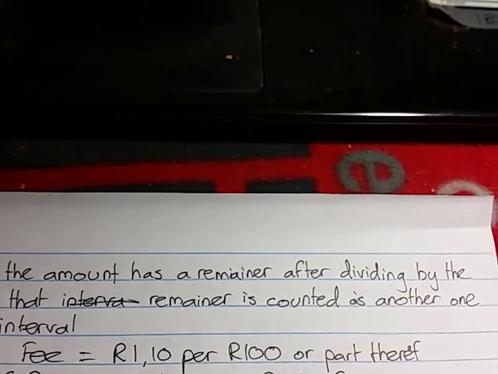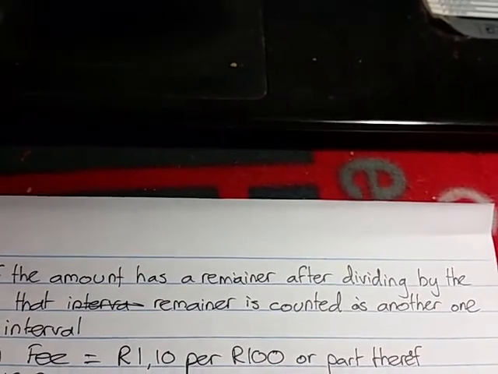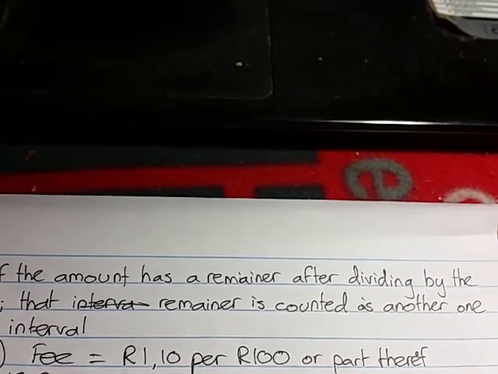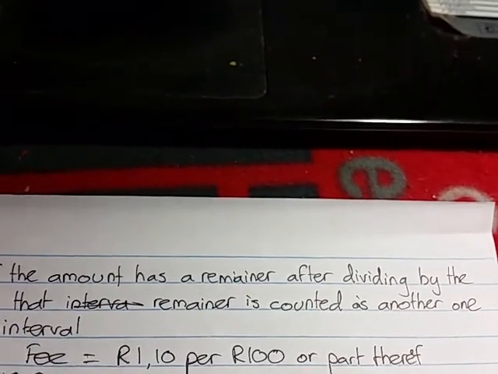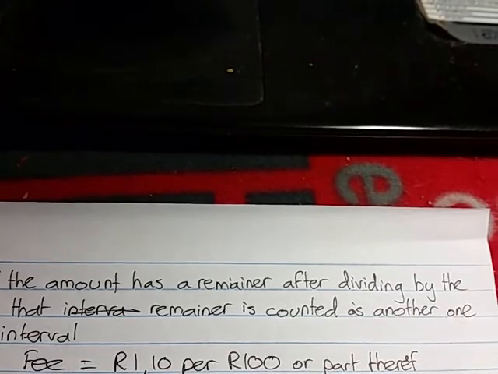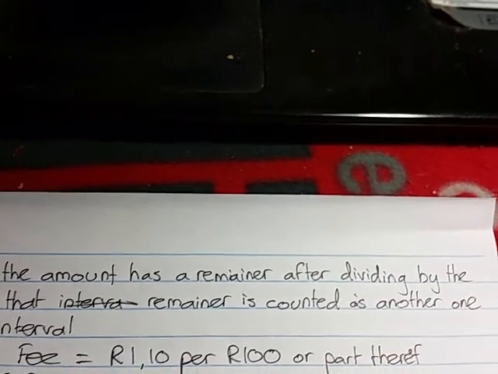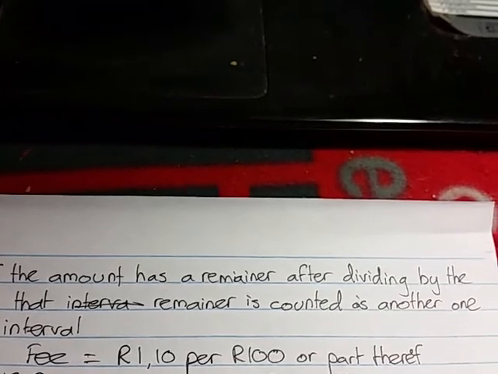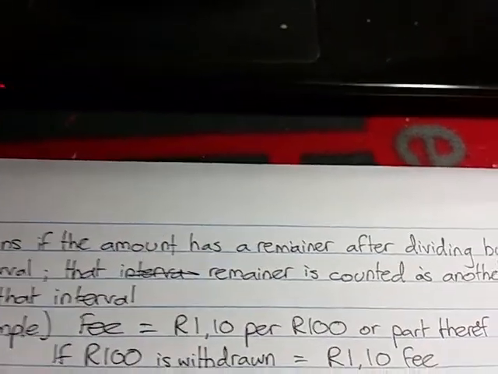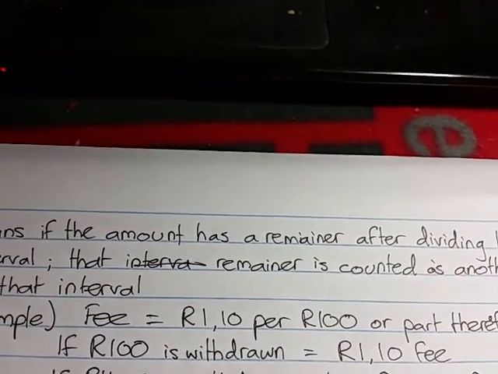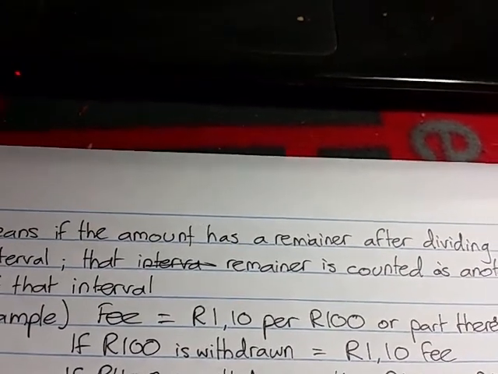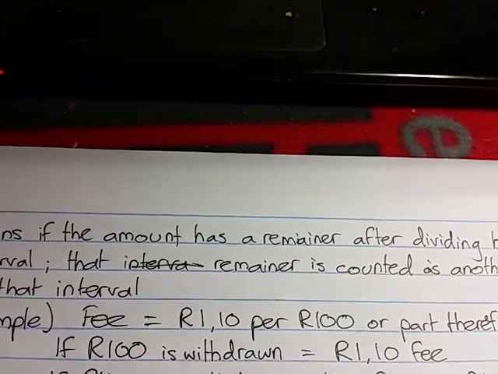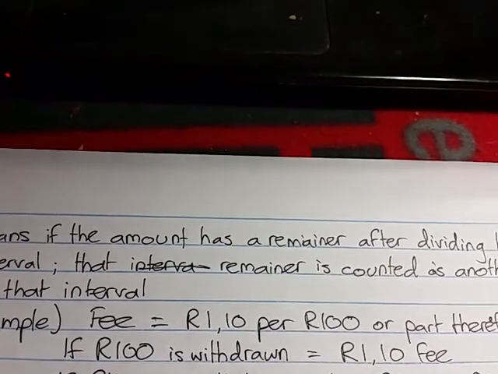However, if you are dealing with an amount that goes over after division, then that remainder is counted as another one. So for example, if 100 rand is withdrawn, then that's an immediate 1 rand and 10 cents fee. Understand?